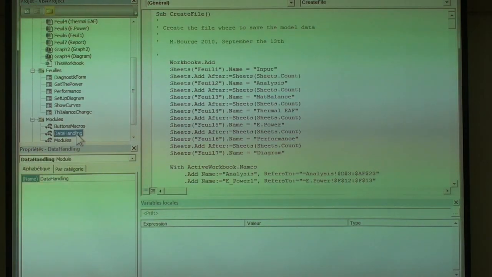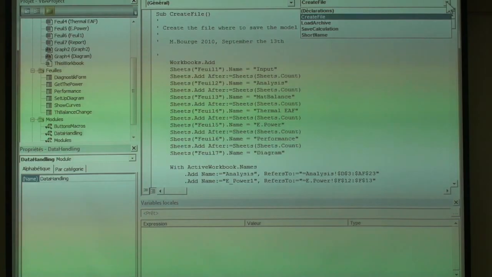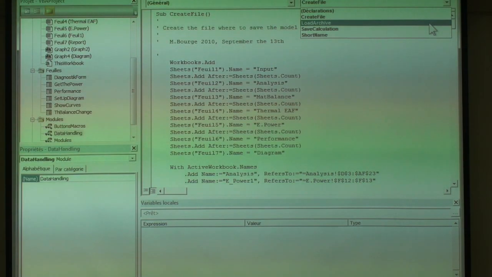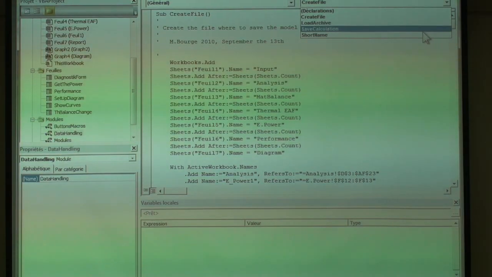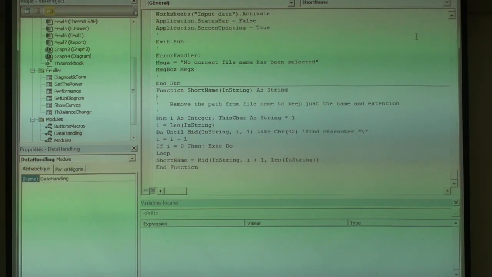Here I have the data handling macros. This is to create a file to store the data, then load the data in a separate sheet, and save calculation. And the short name, this is a small function I use later.